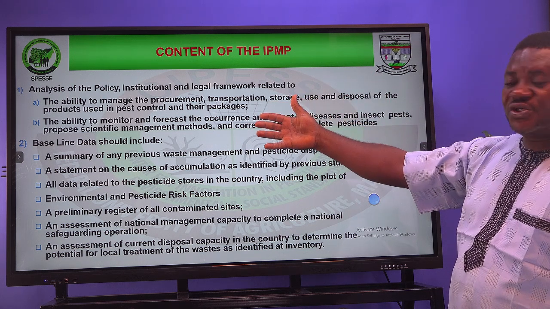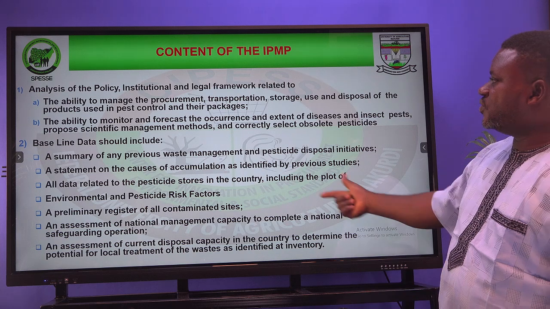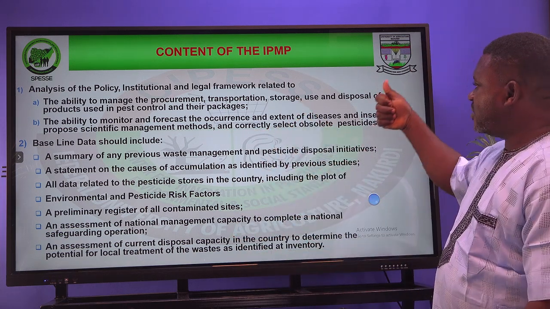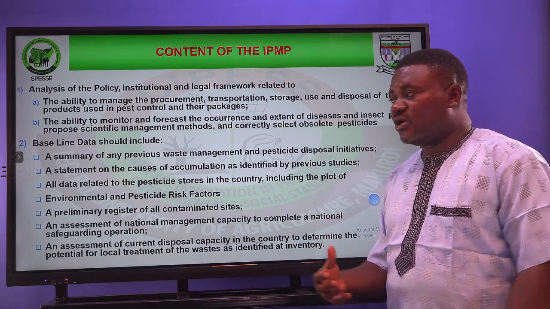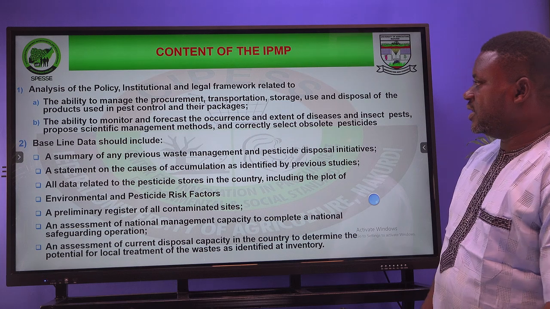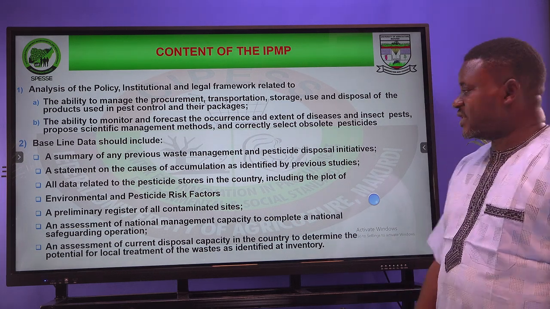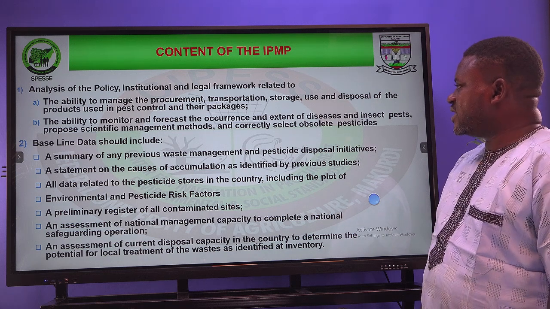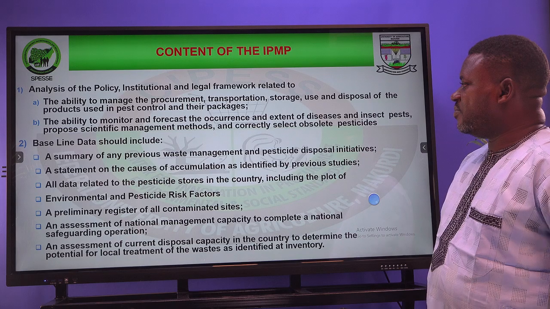One is analysis of the policy, institutional, and legal framework related to the ability to manage the procurement, transportation, storage, use, and disposal of the products used in pest control and their package, and the ability to monitor and forecast the occurrence and extent of disease and insect pests, propose scientific management methods, and correctly select obsolete pesticides.